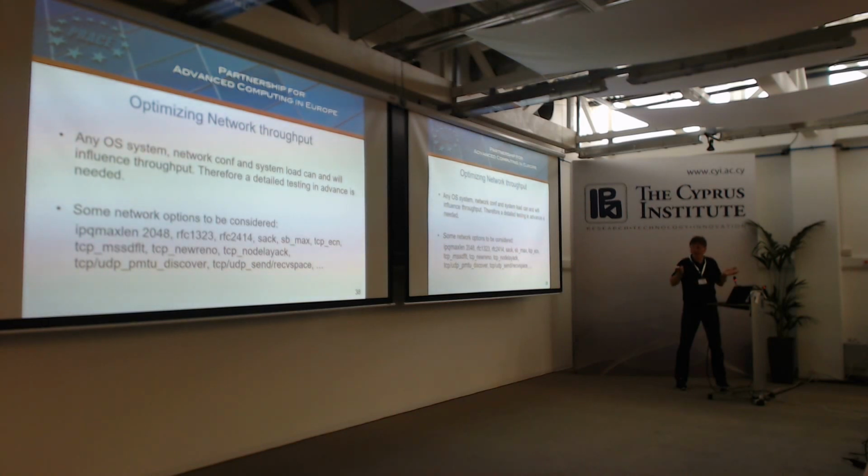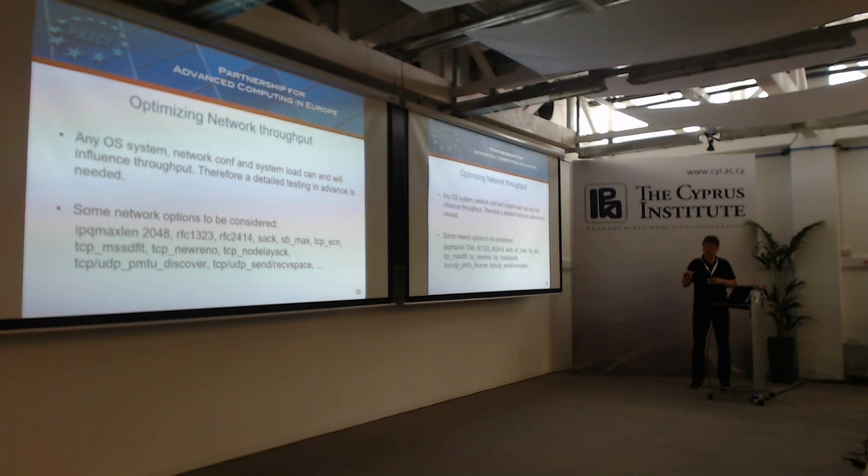So the recommendation I can give is look into these options. It's the IP queue maximum, RFC 1323, RFC 2440, which is really related to how TCP should be set up, selective acknowledgements, the socket buffer maximum, the TCP ECN, I don't know what it stands for, early congestion.